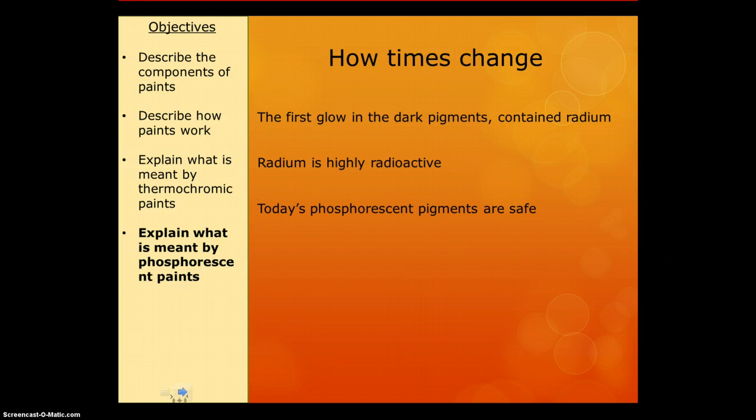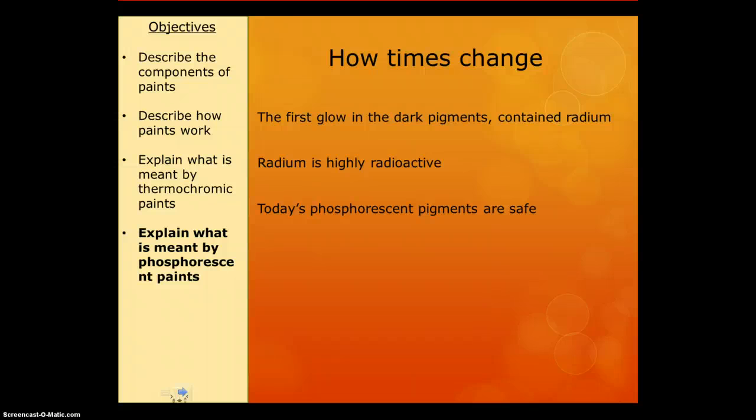So these old watches, if you put them near a Geiger counter, so a radioactivity sensor, they are really radioactive, so they were actually really quite dangerous, and they were just sort of being given out to everyone as this awesome novelty. People even used to paint their teeth with the paint because it made them glow in the dark, because they didn't realise how dangerous it was. And it was all because it contained this radioactive pigment.